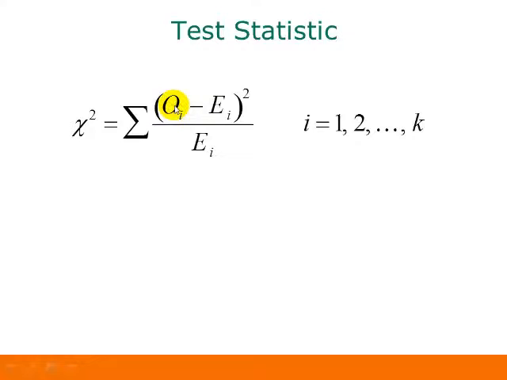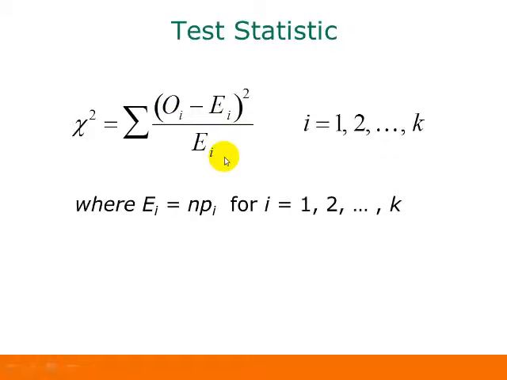So this is the observed frequency for category i, the expected frequency for category i, and again the expected frequency for category i. And the way we figure out those expected frequencies is we take n, which is the total number of trials, times the probability or the relative frequency for that category for each one.